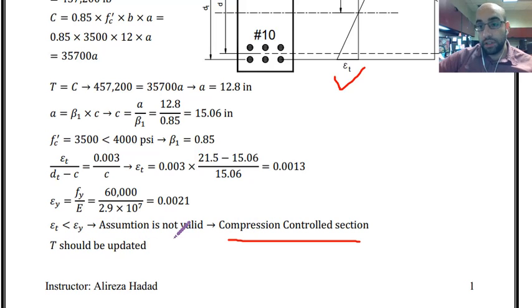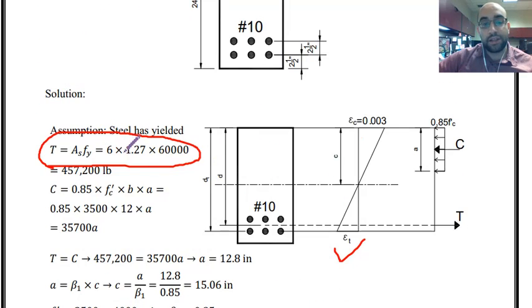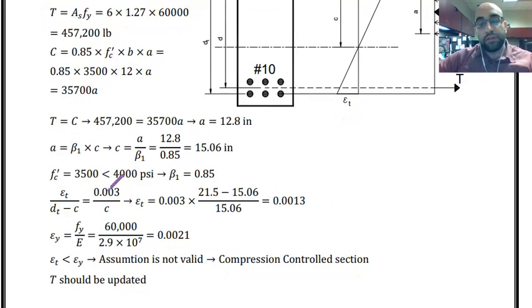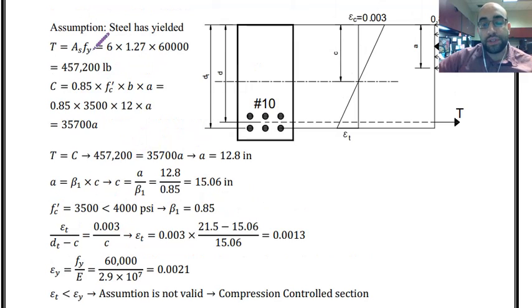So it means that the reinforcement has not yielded, and that's why this is not valid. I have to put the actual stress of steel over here, and it is smaller than yield stress, or Fy. How should I do that? I have to modify my tension force based on the actual strain that I have over here.